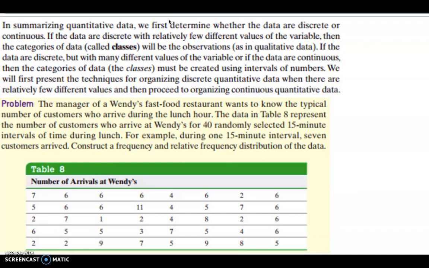If they're discrete but with many, many different values, so they're kind of all over the place, or if it's continuous, then we are going to put these things into classes and create what we call intervals.